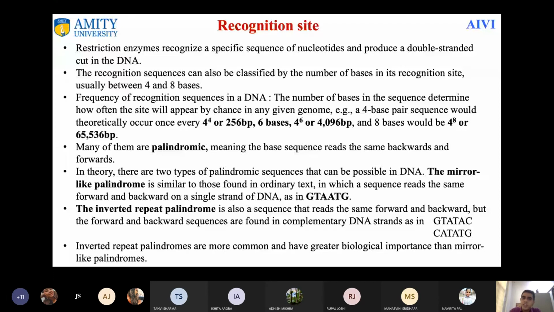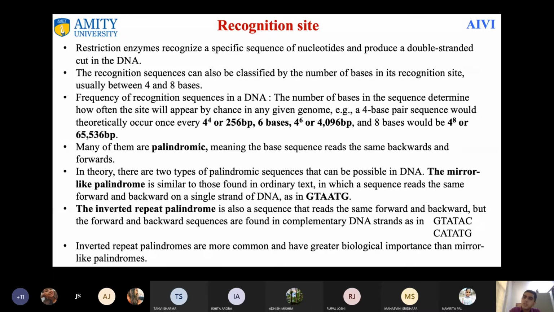So here the probability is further decreasing. Depending on your requirement, if you want to produce more cuts, you can use an enzyme with a 4 nucleotide base sequence, where in 256 base pairs you may get one break. If you don't want cuts so frequently and want mid frequency, then you can choose a 6 base pair long sequence, where the probability is 1 in 4000.